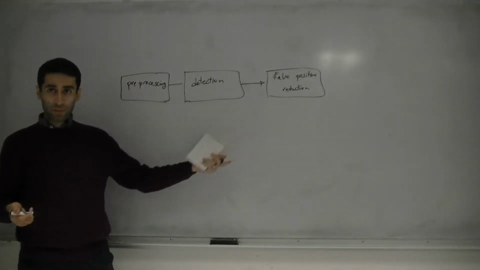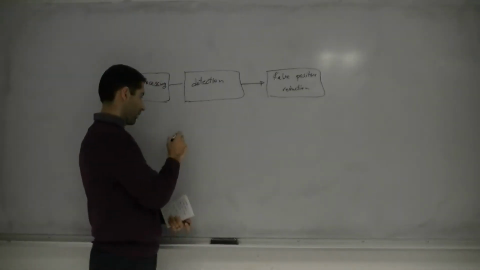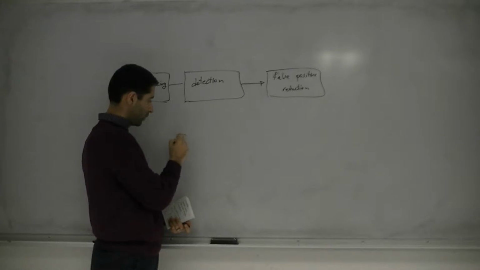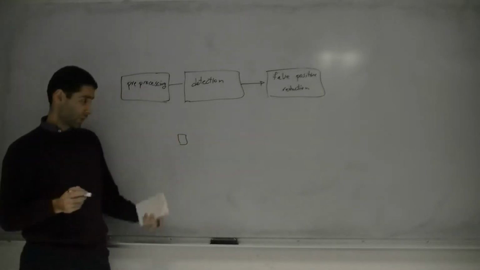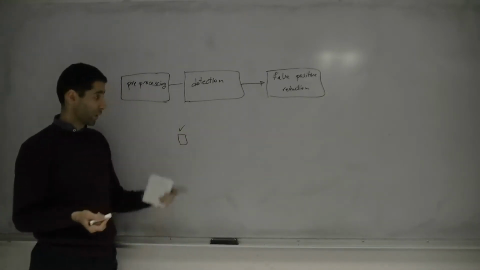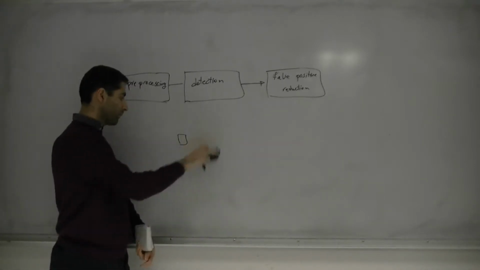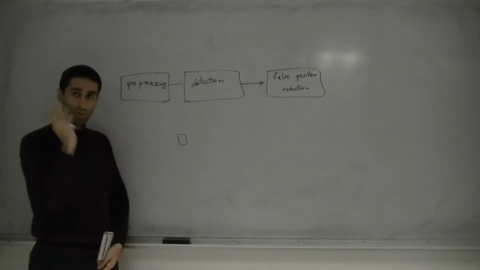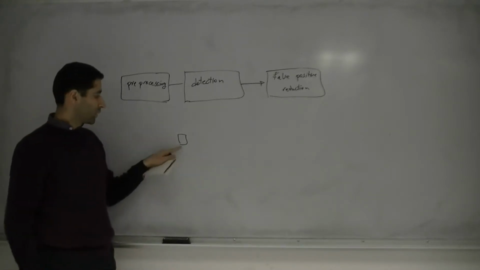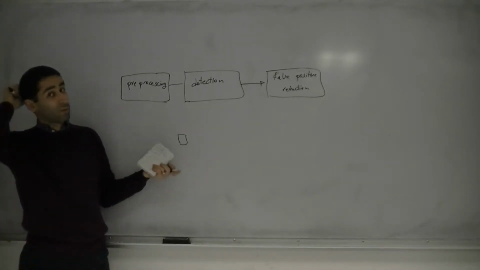What's the meaning of false positive? For example, if we know this area is a tumor and we mark it as a tumor, it's a true positive. If we have an area that we know is a tumor, but we failed to detect it, this is a false negative.